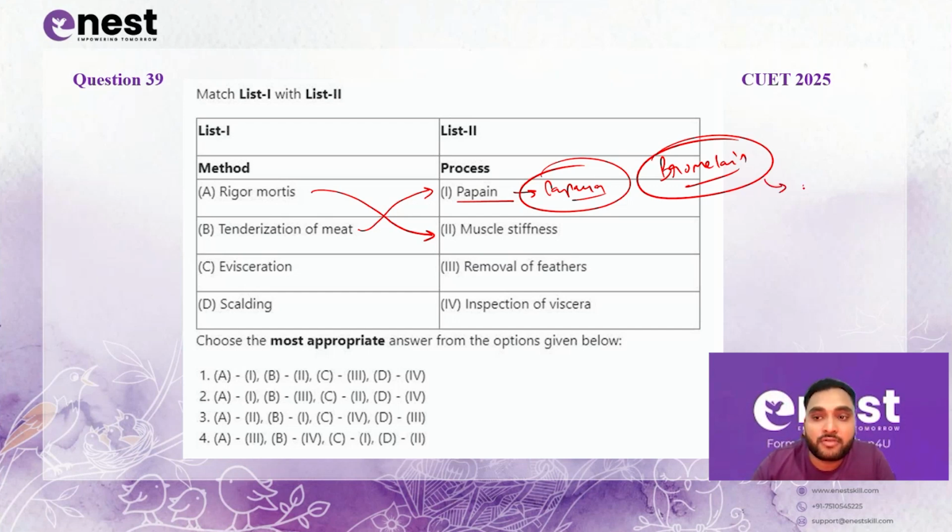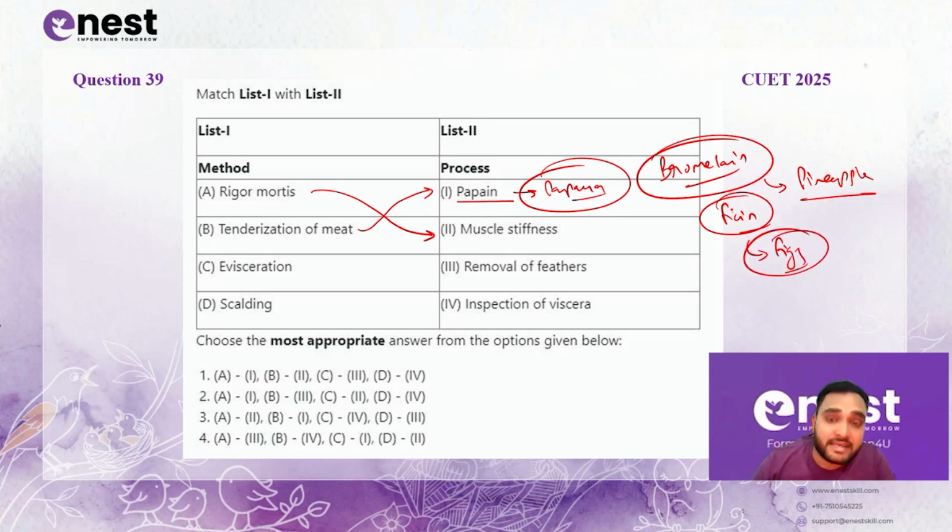It is just that this is derived from pineapple. And if another option is written which is called ficin, please don't get confused there also, because it is obtained from figs and it is also used as a tenderizing enzyme. And if they ask in which order they are efficient, bromelain is the most efficient, then comes papaya, and then comes ficin, which is obtained from figs. Then C, evisceration is the removal of viscera from the dead animal and its inspection.